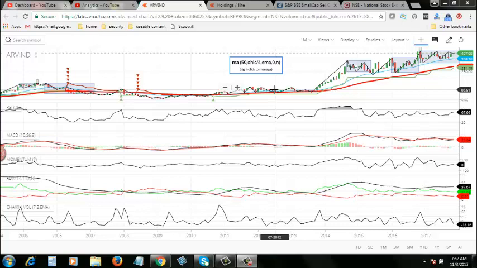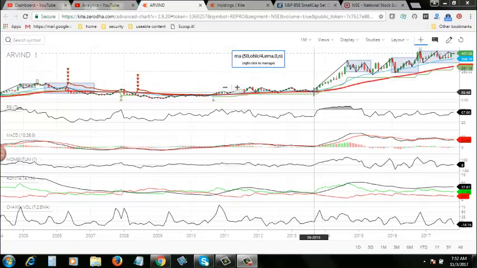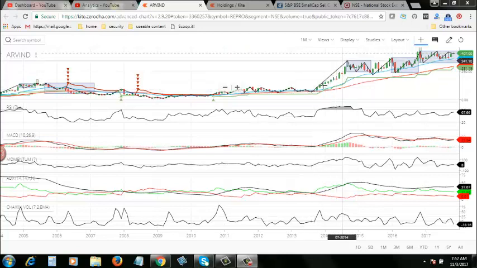If you see the price trend path of Arvind stock until 2013 September, the stock was not moving much. Only after September 2013, the stock made an upward movement, and it went up to September 2014, and for one year it continued.